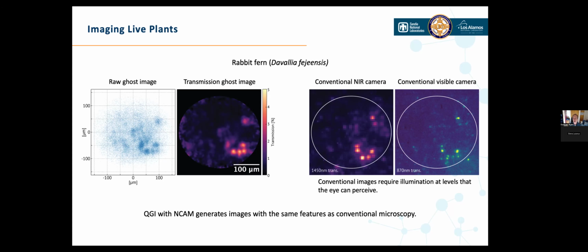And the reason why ghost imaging works so well is that it can construct these images at the single photon level. Conventional cameras cannot, because they have to have a signal that overcomes the noise level of the detector. That's really why in microscopy we have to turn up the intensity of our light so significantly, because our detectors are essentially limited.